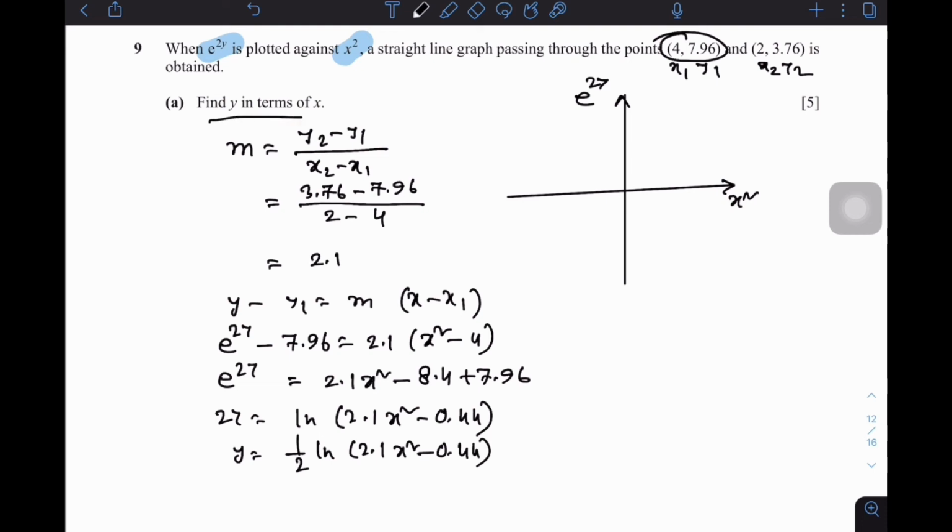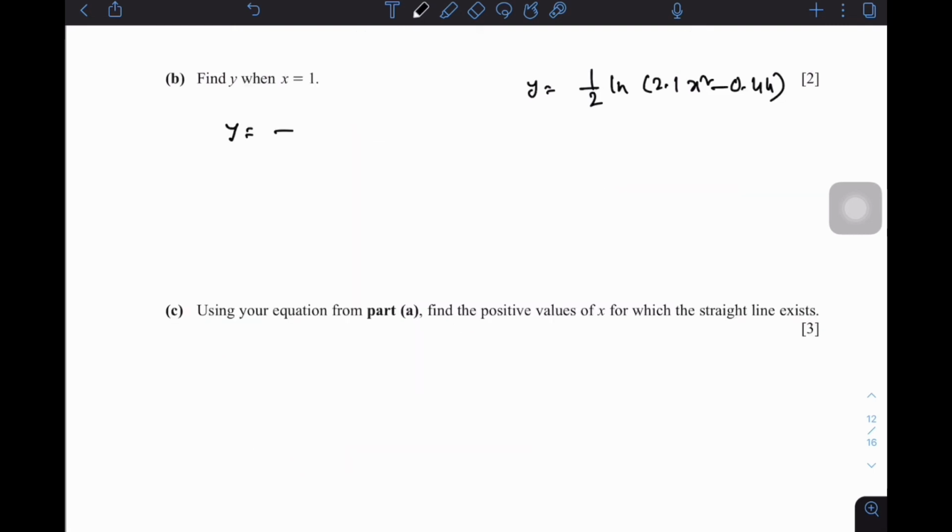This is y in terms of x. This will be enough to write. Y equals half ln of 2.1 into 1 square, that is 1, minus 0.44.